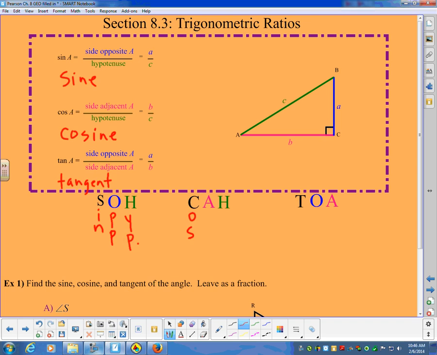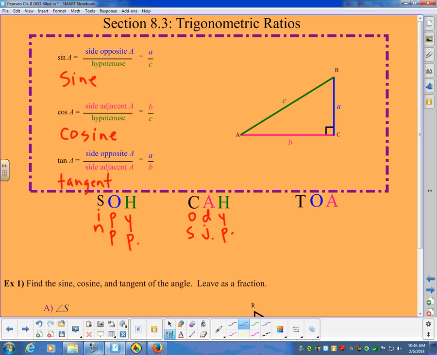And you'll see these three buttons on your calculator. So cosine is always the length of the side adjacent to the angle over the length of the hypotenuse. And it does make a difference on the order. Notice the O comes before H. So look up here in the ratio: the side opposite of A is above the hypotenuse.